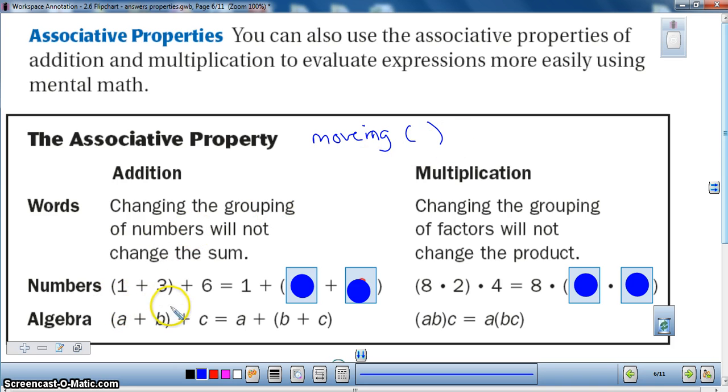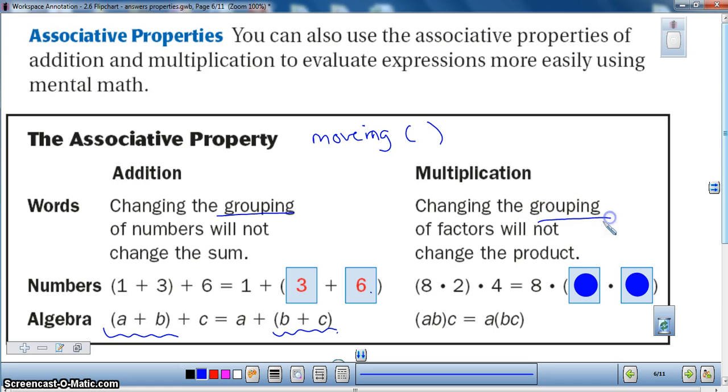Starts with 1 plus 3 plus 6 equals, now they're telling us we should add the last two together. So it changes the grouping, that is the key thing about associative property. The numbers do not change. A plus B plus C, same order. Here the parentheses are telling us to add first A and B, now B and C.